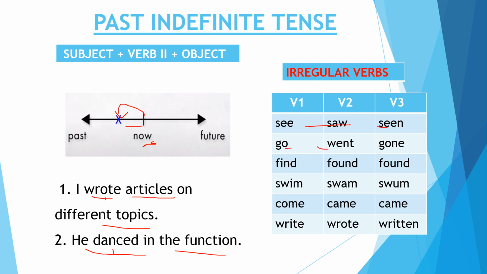Go, went, gone. Find, found, found. Swim, swam, swum. Come, came, come. Write, wrote, written. All these are irregular verbs, whereas dance, play, all are regular verbs. In regular verbs, we just have to add ed in the end. Danced, played.